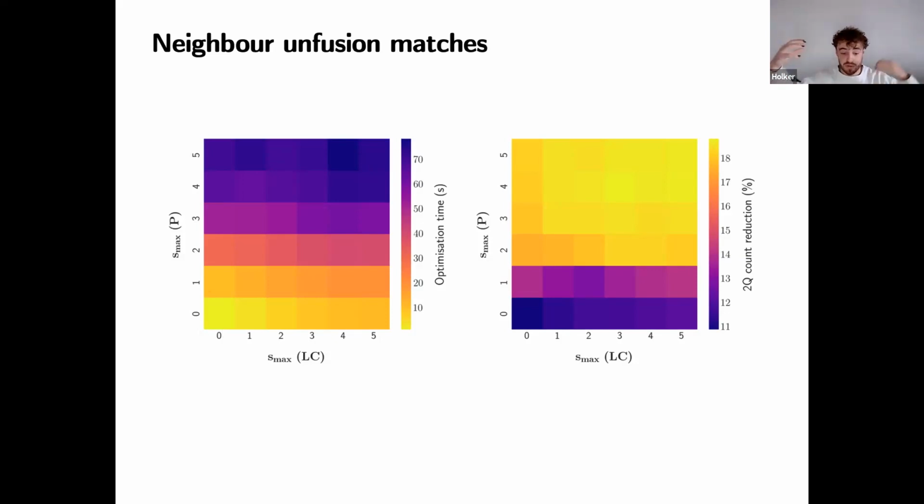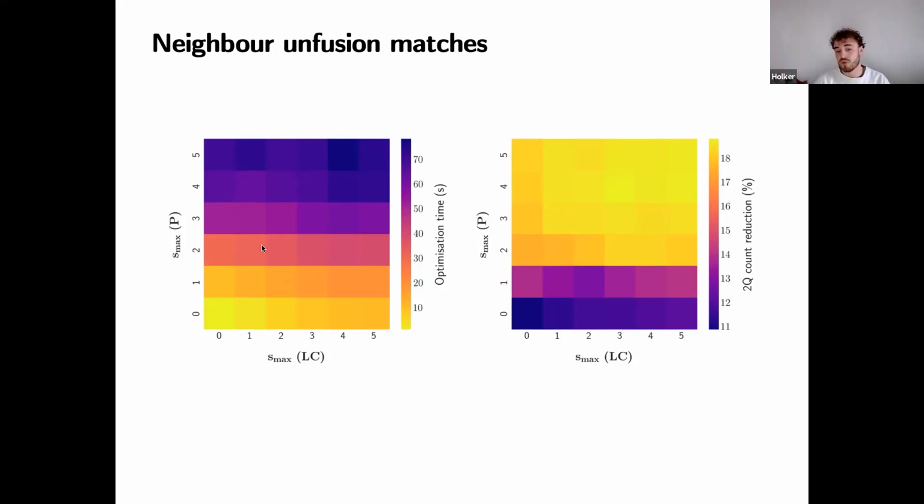So you can unfuse sets of neighbours from both vertices, which is why increasing the number of subsets increases the time significantly more than for local complementation, as you're checking subsets for both vertices. But you can see that increasing the number of subsets past 2, especially on pivoting, hugely increases the performance of the algorithm on the right here.